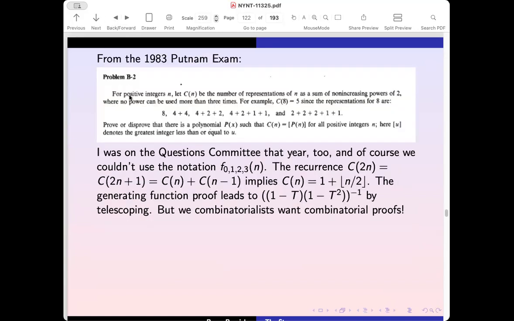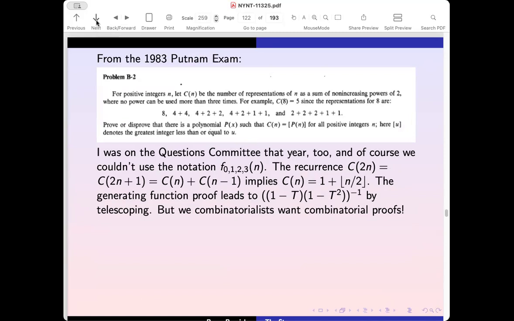Another Putnam problem. How many ways can you write n as a sum of powers of 2 if you allow the digits of 0, 1, 2, and 3? A lot more people got this. There's a natural recurrence that leads to the answer. You can use the generating function.